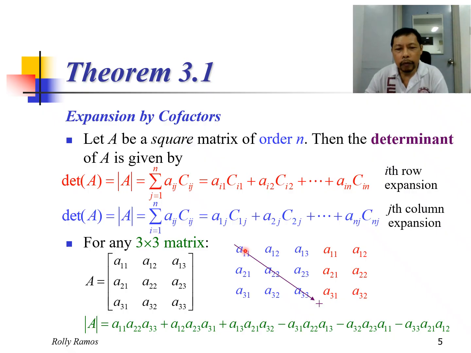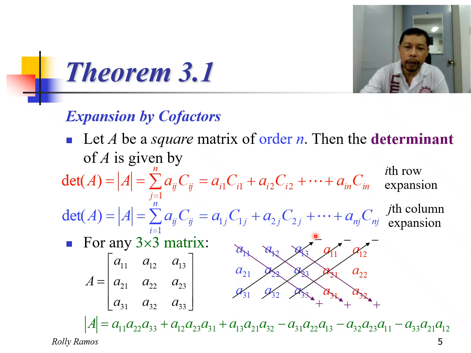So the product of this element times this element times this element composes this first term here, A11 times A22 times A33, plus the product of the elements in this diagonal, plus the products of the elements in this diagonal, minus, since if we multiply these elements upwards to the right, they must be taken to be negative, and they are these negative terms here.